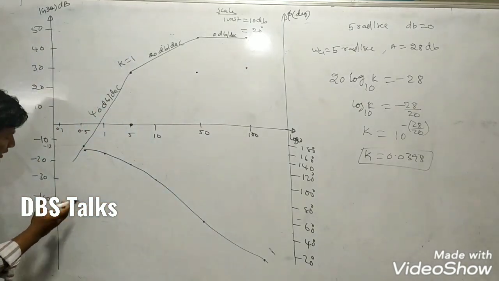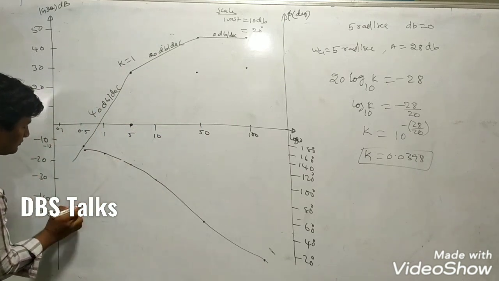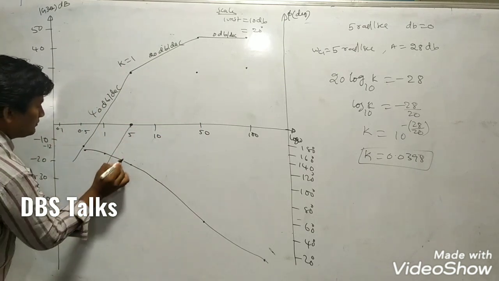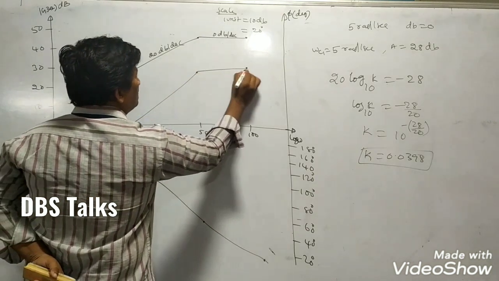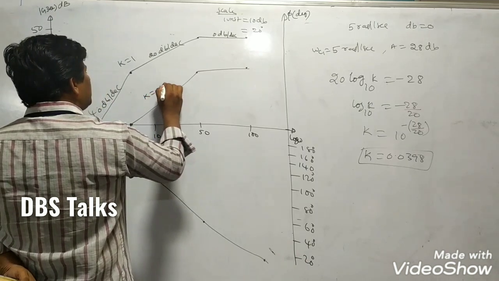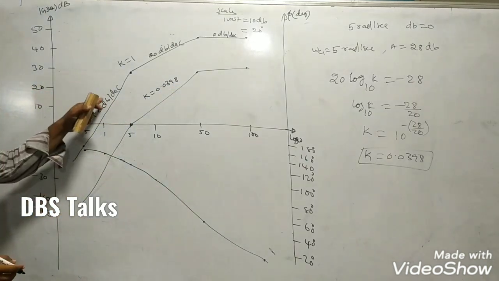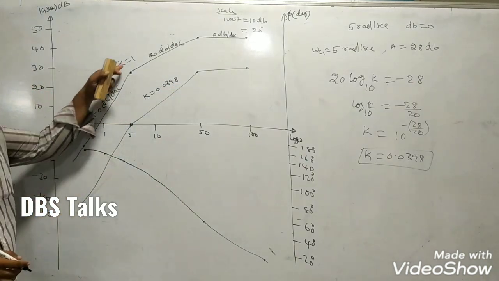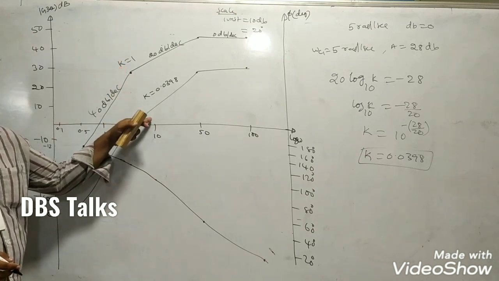Now with the help of a scale, draw the Bode plot. So here the k value is 0.0398, and this is the original graph, while the assumed graph is for k equal to 1.